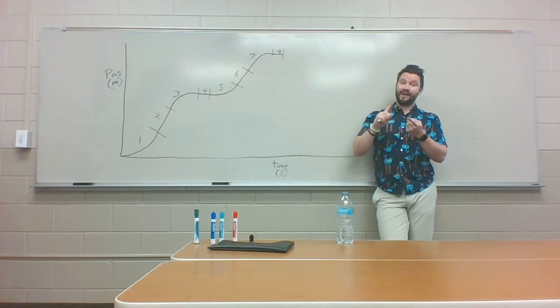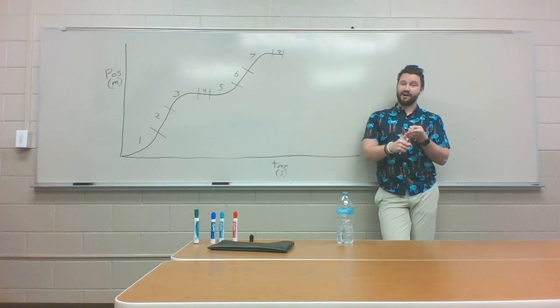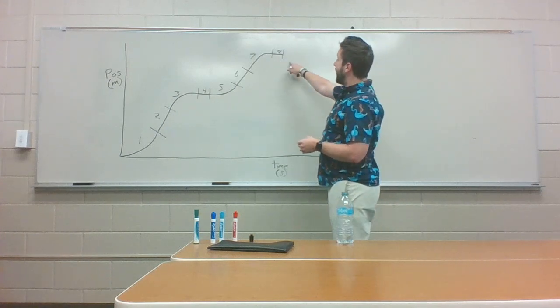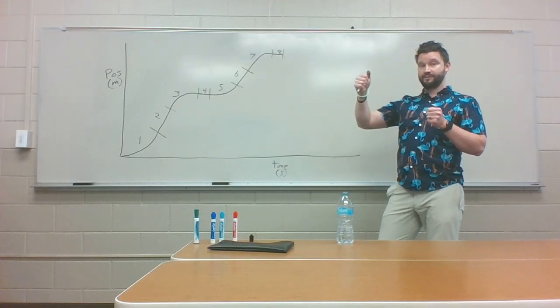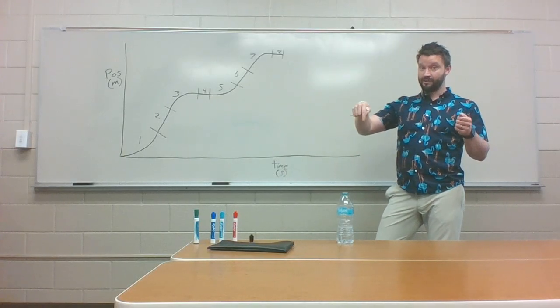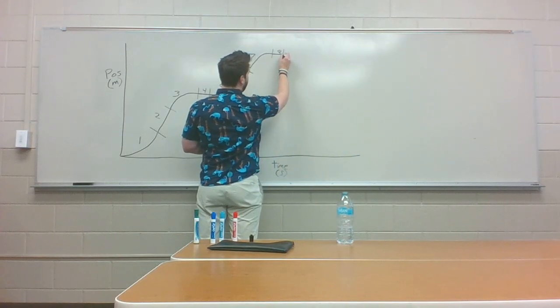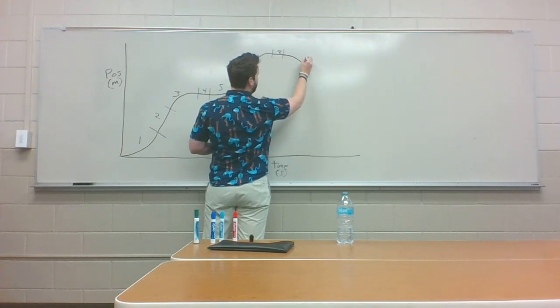We're still going to have lines getting steeper for picking up speed, straight lines for constant, and flattening out for slowing down. But now, for number 9 here, our elevator's not moving, so it starts moving down, picking up speed. So instead, our line getting steeper is now just going down.